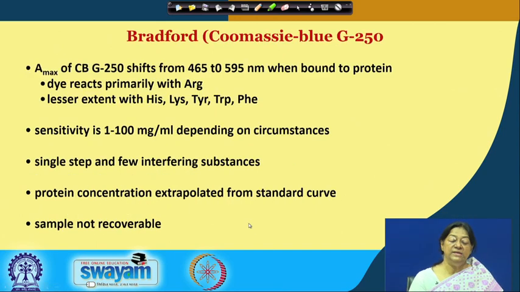Another way is to use a dye, a Bradford dye, which interacts with specific amino acid residues and gives us an idea of whether our solution has protein present in it or not. The protein concentration can then be determined from a standard curve.